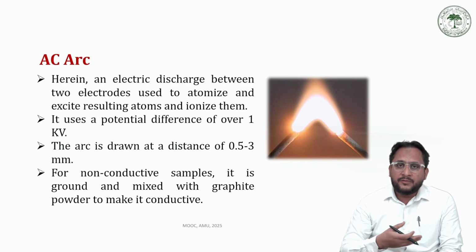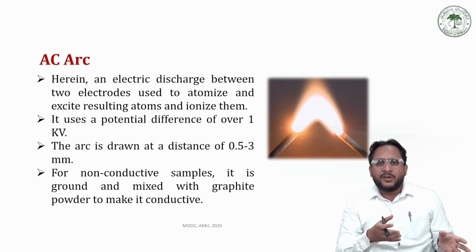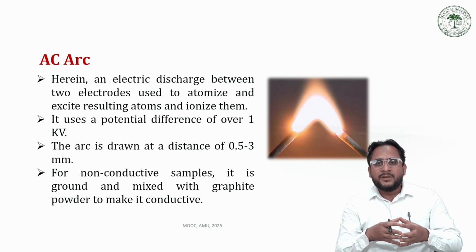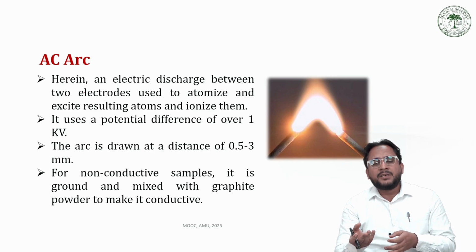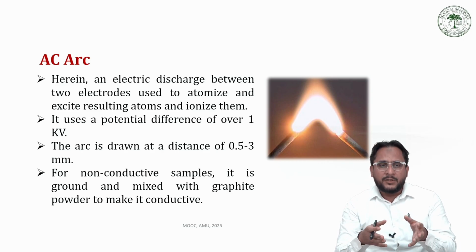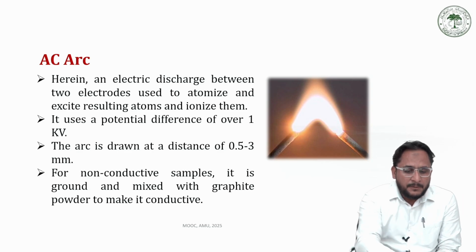And in case of AES, we do not have an iron rod or a solid sample. We have a sample present in liquid form, where we have individual molecules dispersed in liquid, and they are further converted by a nebulizer into an aerosol, which we have to excite only. So these have a sufficient amount of energy.